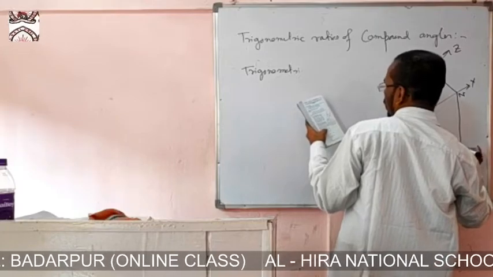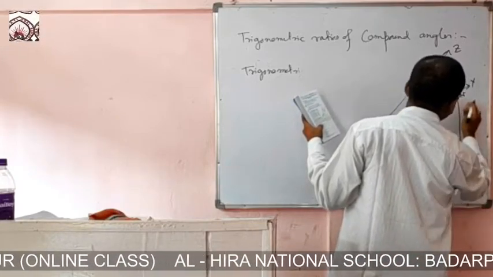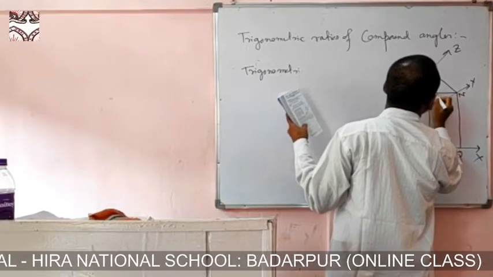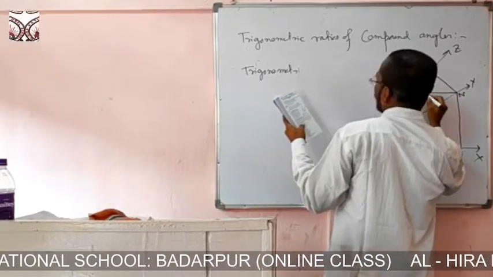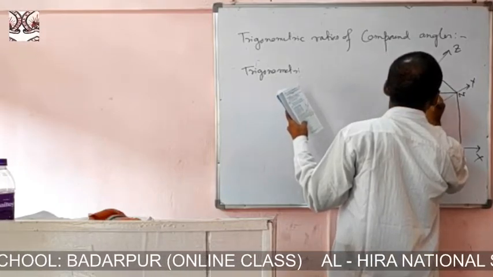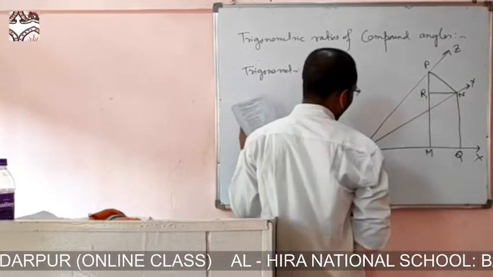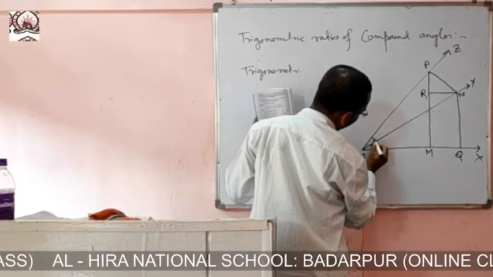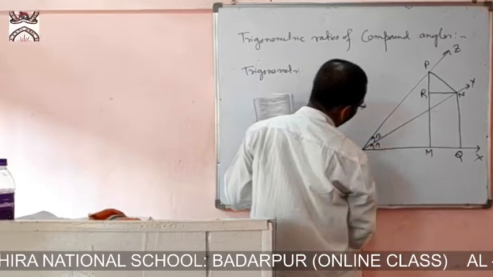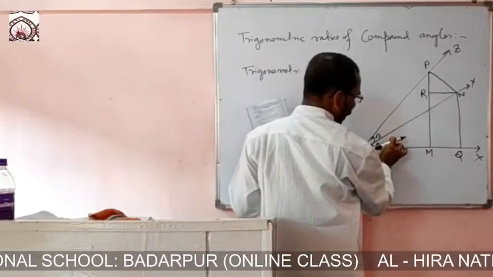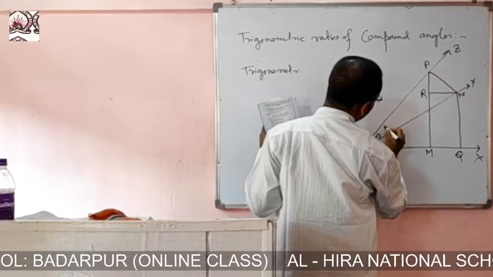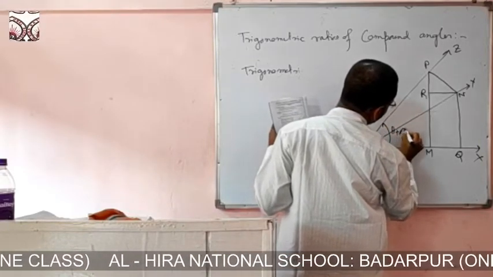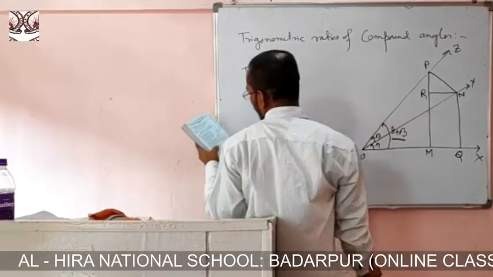This one is Q, NQ, PM, and from N to PM we draw another, NR. This angle is A and this angle is B, so together this will be A plus B.